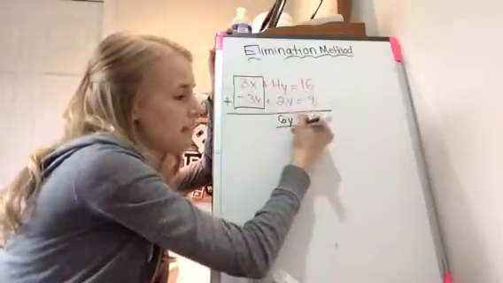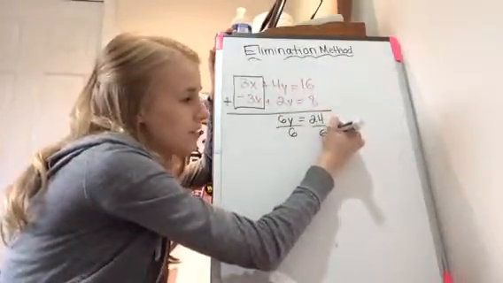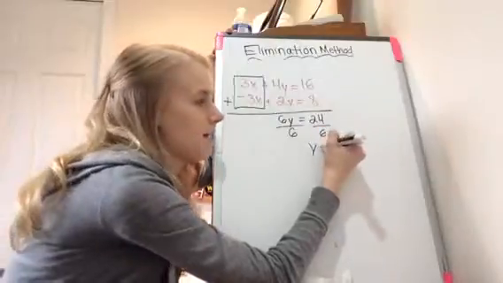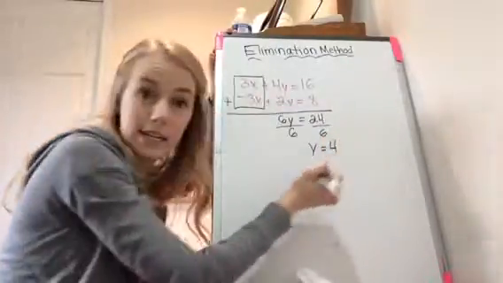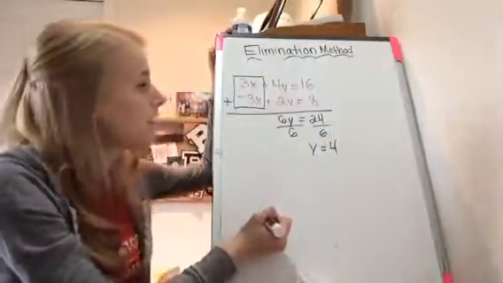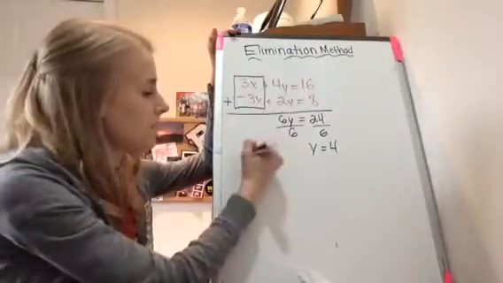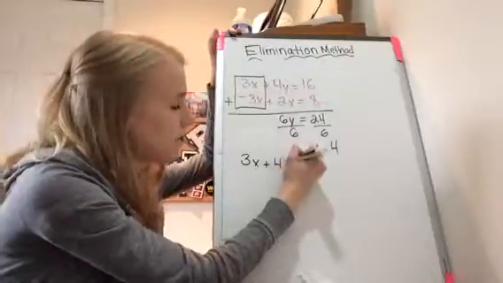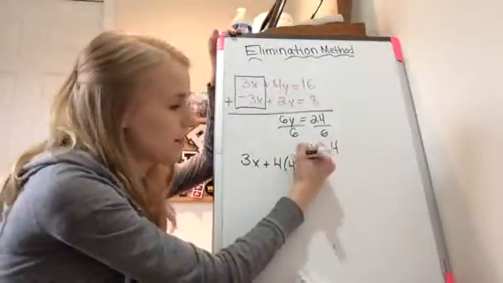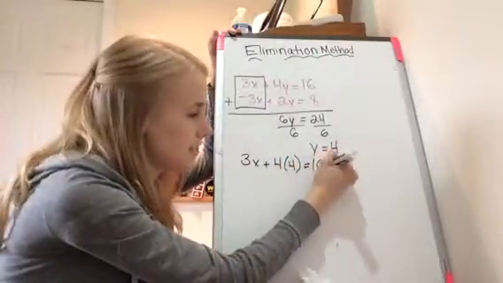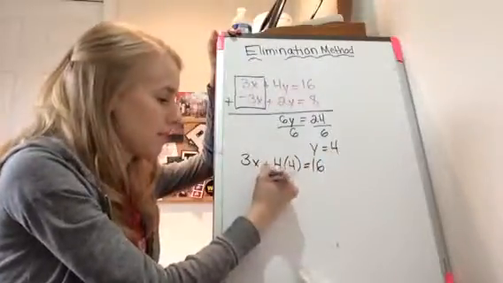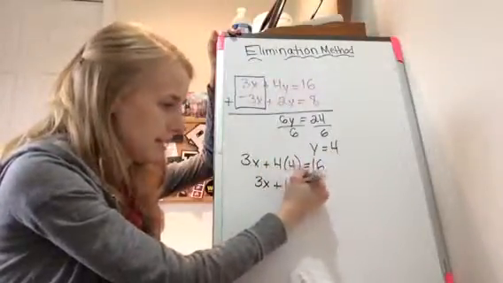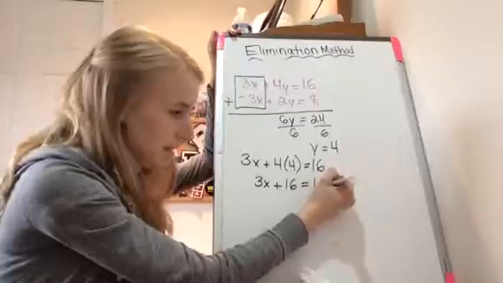I can easily divide by 6 with a one-step equation and I get y equals 4. Easy peasy, right? Then all I have to do is plug it in. 3x plus 4 times 4 equals 16. I get 3x plus 16 equals 16.